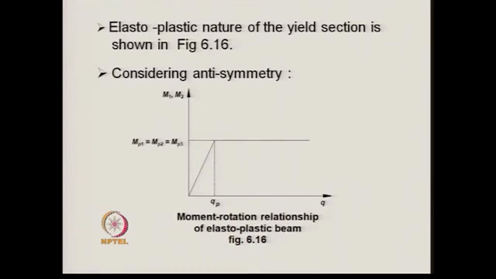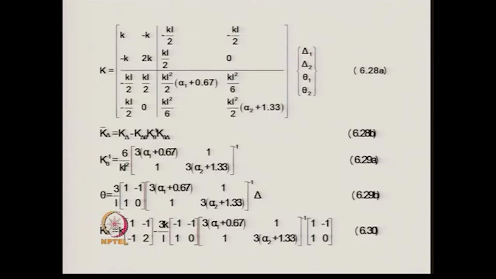So, MP1, MP2 and MP3, or in other words the plastic moment capacities of the two beams, are the same, and assuming them to be the same and considering the antisymmetric property of the frame, we can write down the total stiffness matrix by equation 6.28a, in which you can see that alpha 1 and alpha 2 exist. These alpha 1 and alpha 2 have been brought into the picture because after the yielding has taken place, we simply find out the values of alpha 1 and alpha 2 from the current values of moment and rotation.